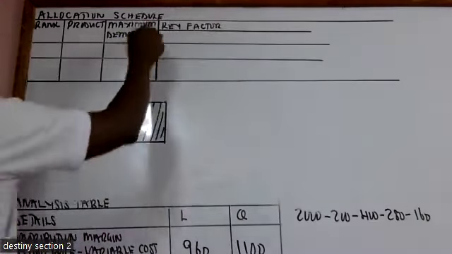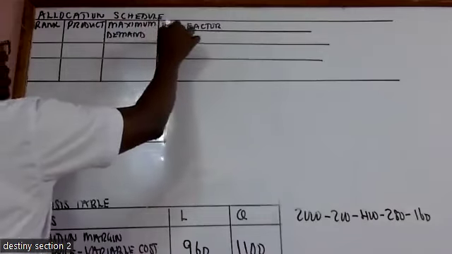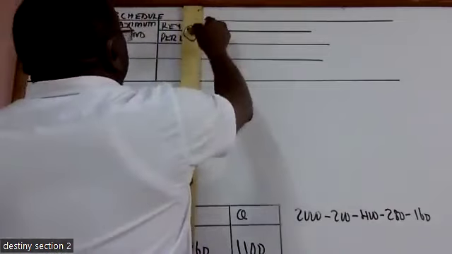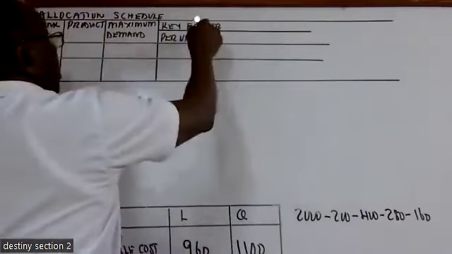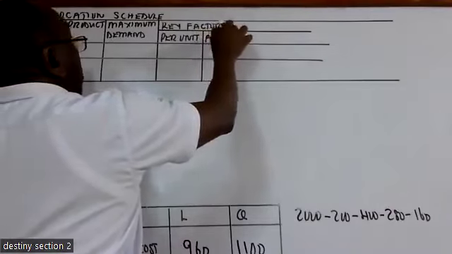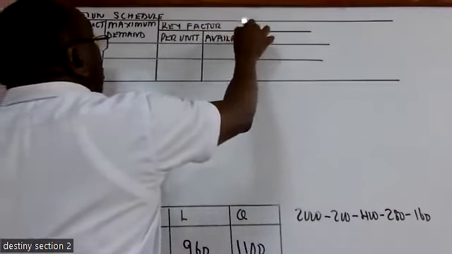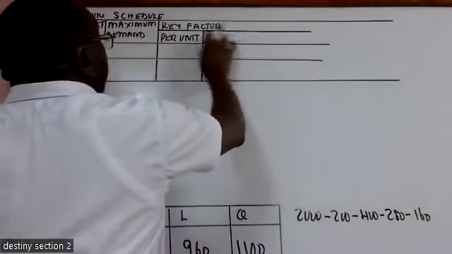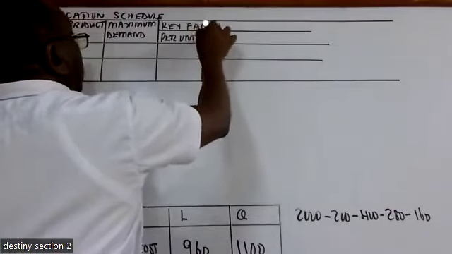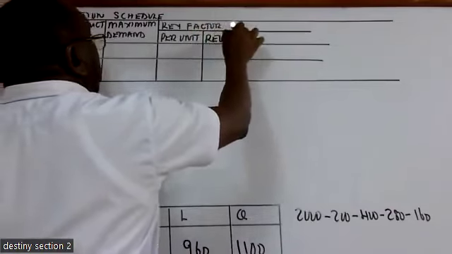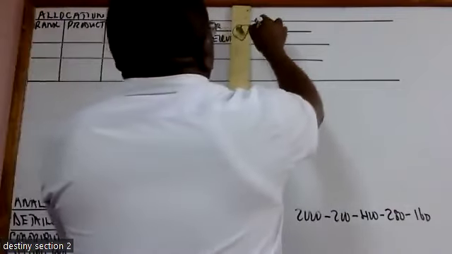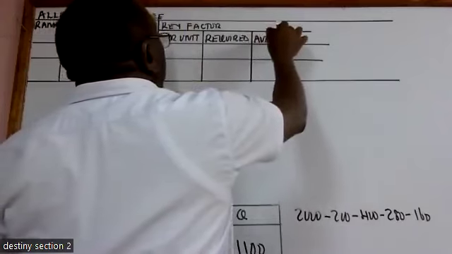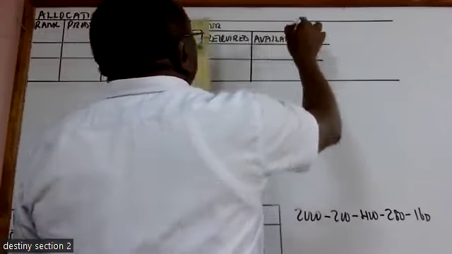Key factor, first of all, we bring per unit. Then we bring what we call the required, and then the available.